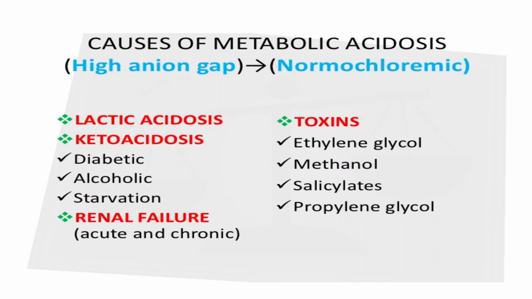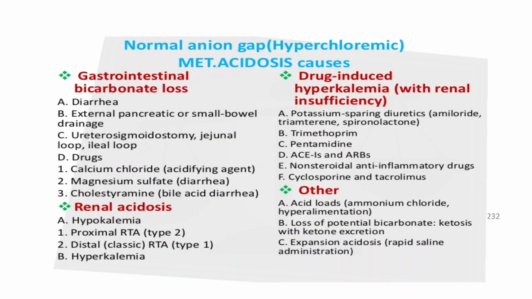Metabolic acidosis can be produced due to, very commonly what we see is ketoacidosis, diabetic ketoacidosis, alcohol, starvation, renal pathologies, and consumption of toxins, methanol, salicylates, etc. These also can result in metabolic acidosis as such. Lactic acidosis also can occur due to an abnormality of metabolism of glucose. Glucose metabolism can result in lactic acid, or lactic acidosis can also result due to hypoxia, tissue hypoxia.